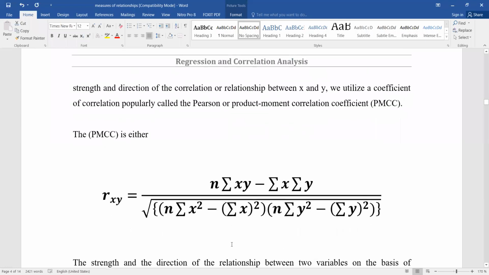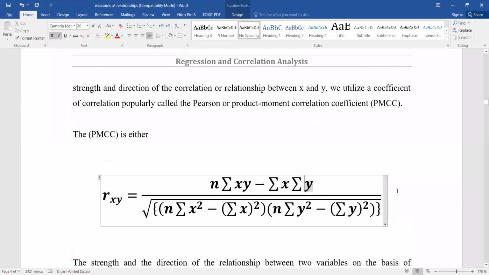So that is the formula, and that formula is not very difficult. If you begin with the numerator, it is n, where n is the total number of observations, then xy is the product of both x and y. Then you split the sums: the summation of x and the summation of y.